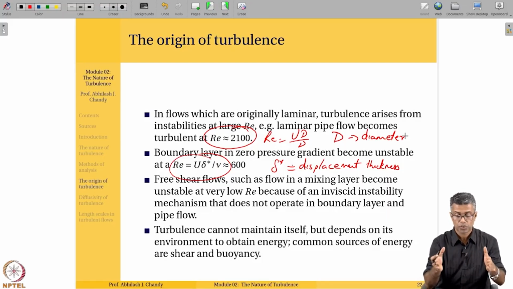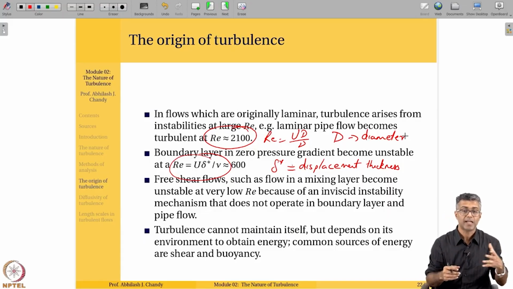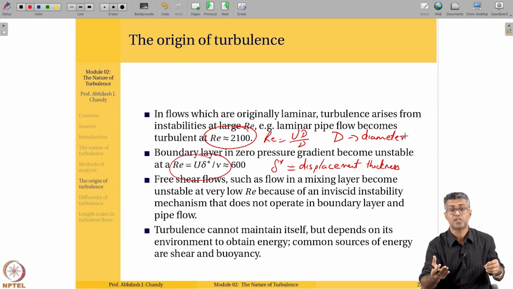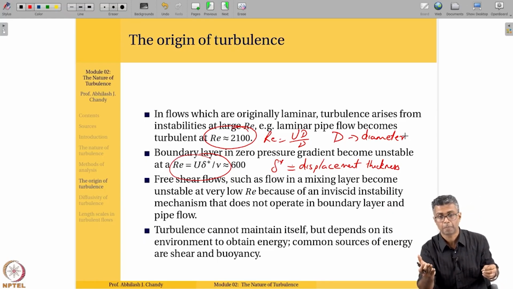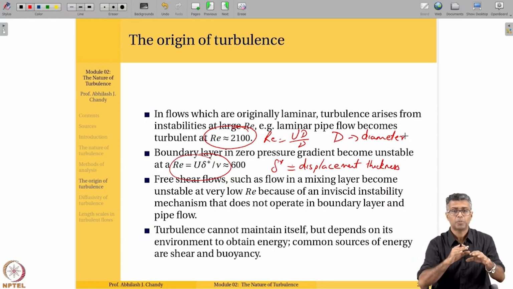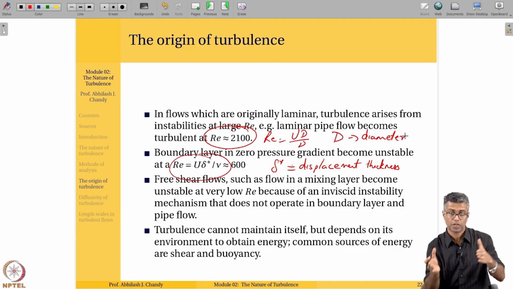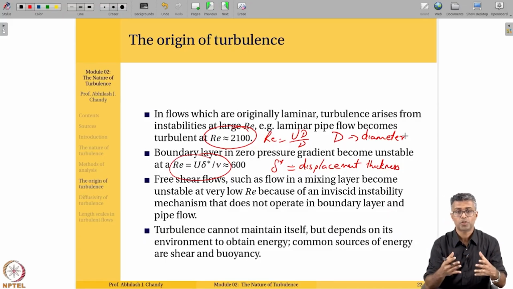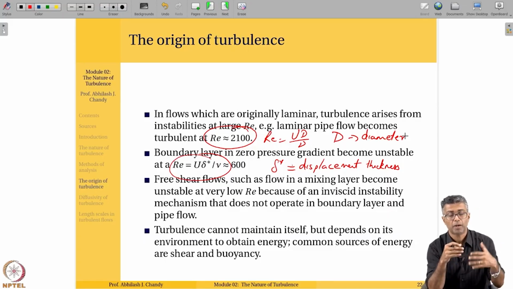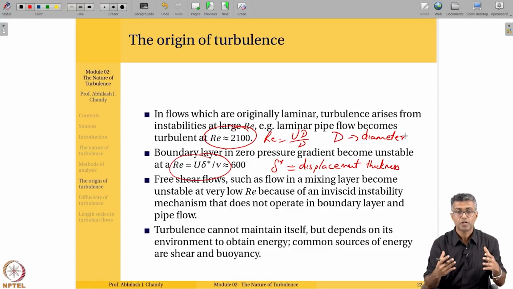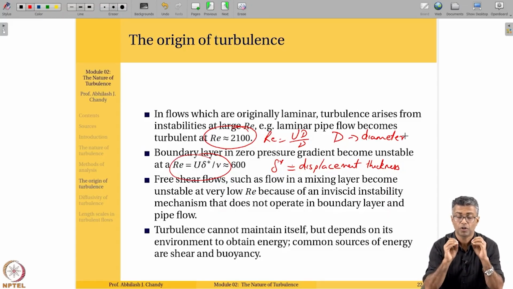Whereas in free shear flows, there's no solid surface bounding the flow. In that sense, it is an inviscid instability that is the origin of turbulence there. Also note that turbulence cannot maintain itself. It needs to have a constant supply of energy, and we looked at this in the previous class as well. So some common sources of energy would be shear and buoyancy. You need shear and buoyancy for the turbulence to keep propagating.